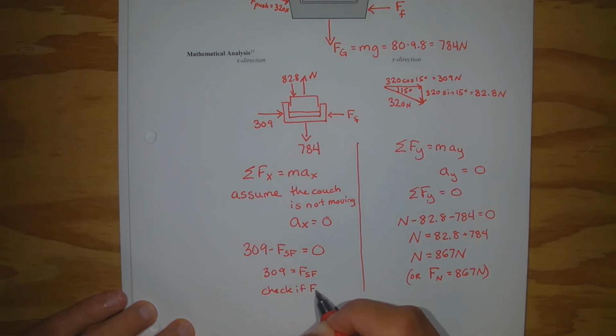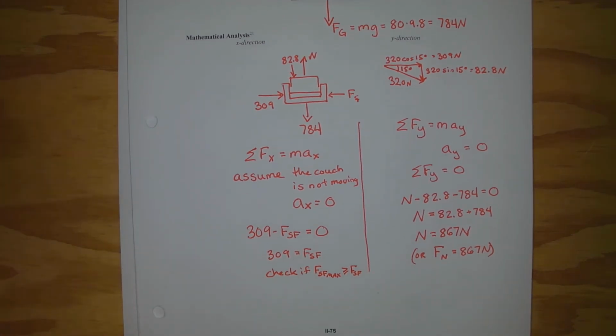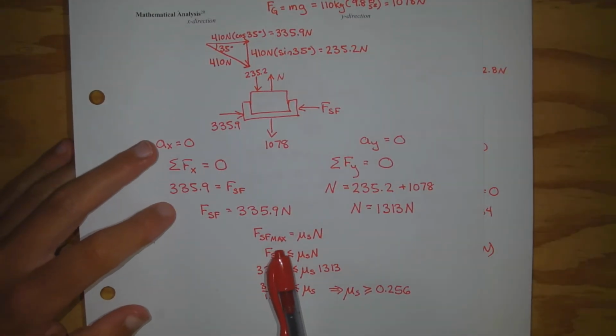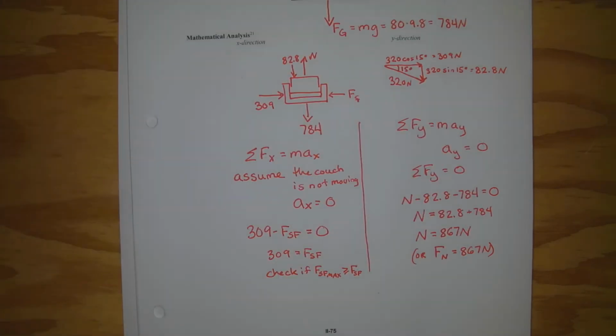Now I have to check to see if this is possible. So I need to check to see if the maximum value for the force of static friction is greater than or equal to the force of static friction that I just found here. And remember that the maximum value for the force of static friction is equal to the coefficient of static friction times the normal force. So I need to figure out what the maximum value for the force of static friction is.